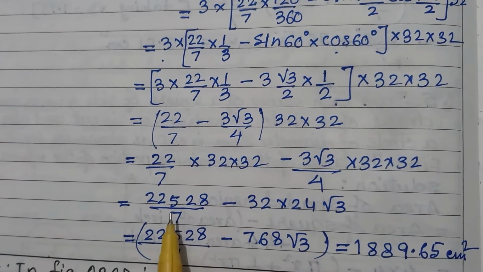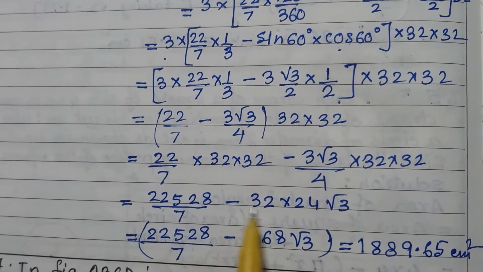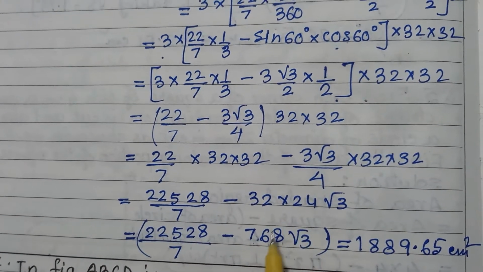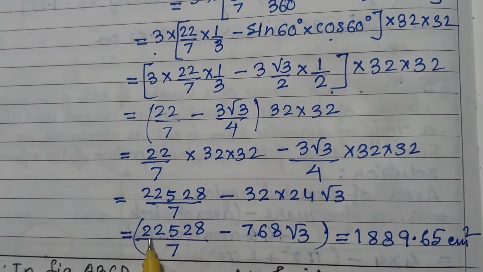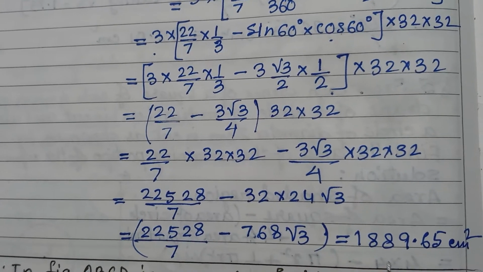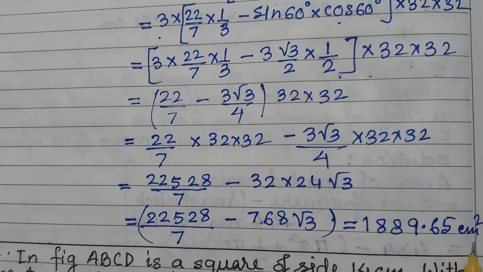Now it is this minus this. By multiplying, it is 768 and 22528 upon 7. By calculation it is coming 1889.65 centimeter square.